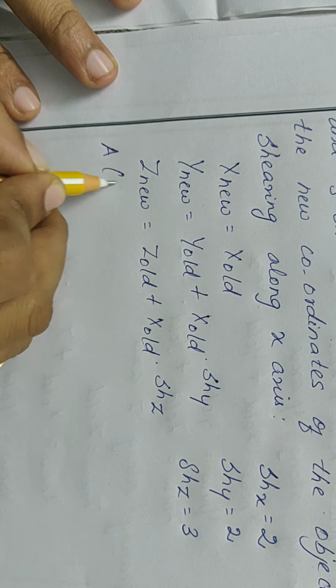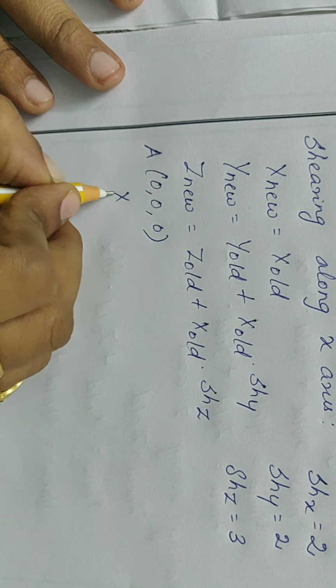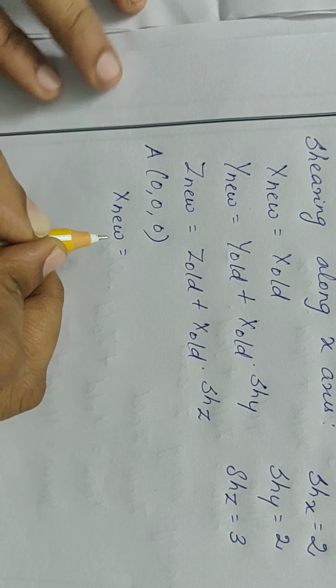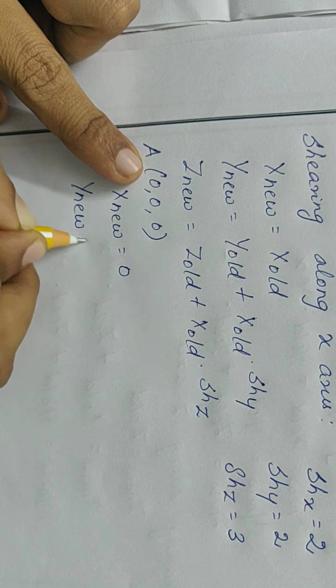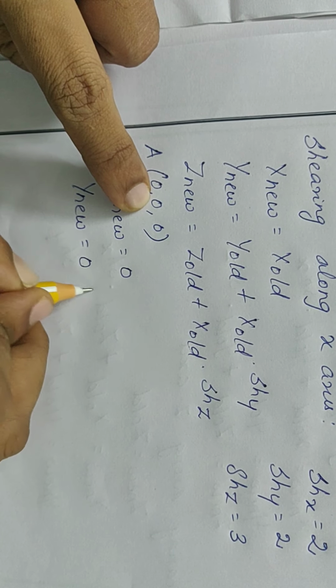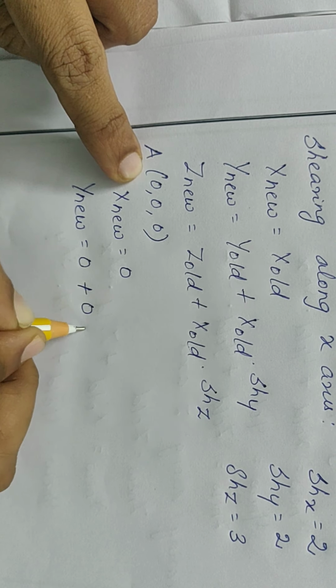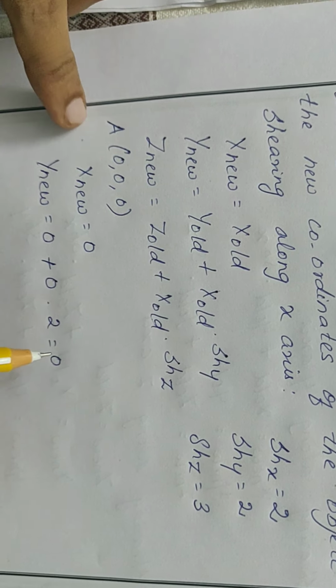So x new is equal to x old, which is 0, y new is equal to y old, which is 0, plus x old, which is 0, into shear factor 2. So I'll get 0.